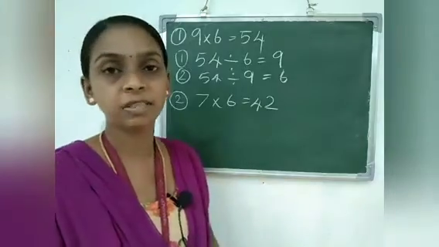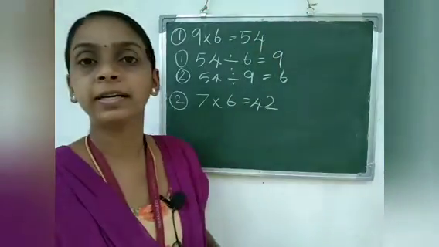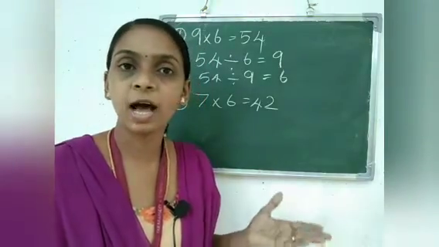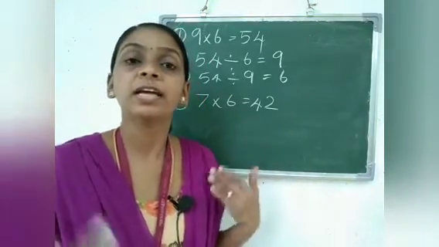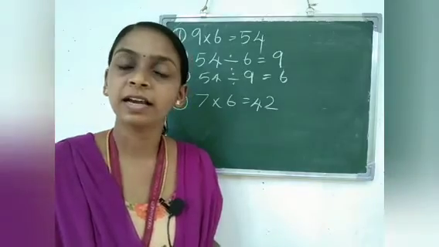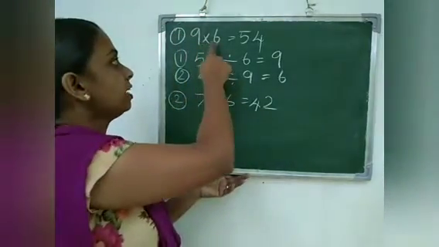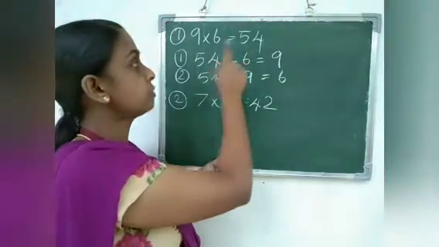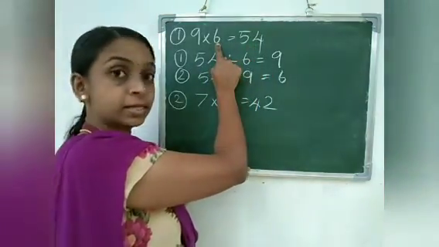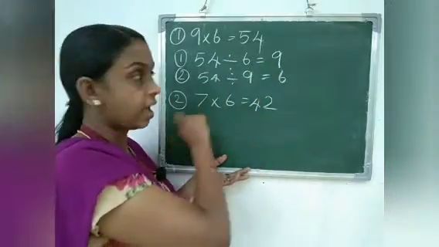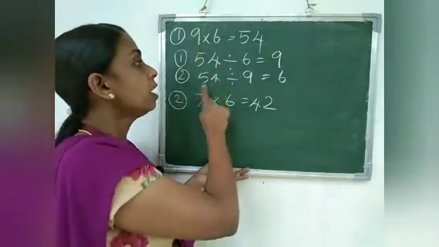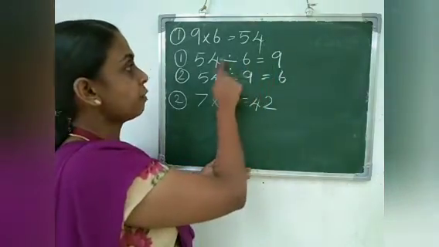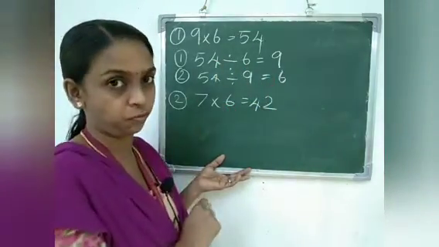Did you understand how to write the division fact of a given multiplication fact? It is very easy. Both are correct, no? 9 6s are 54, 6 9s are 54.